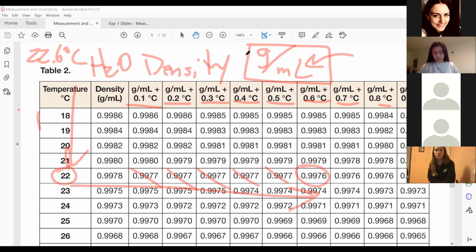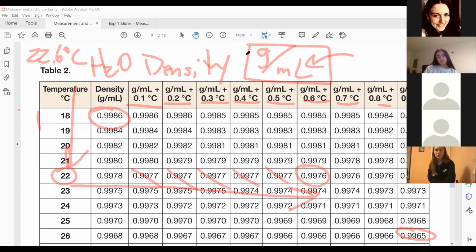Thanks. And you'll notice that when it's colder, the density is higher. So like at 18.0 degrees, it's 0.9986. At 26, almost 27 degrees, it's 0.9965. That may not seem like a big difference, but that's a pretty big difference. It's almost 0.2% difference.